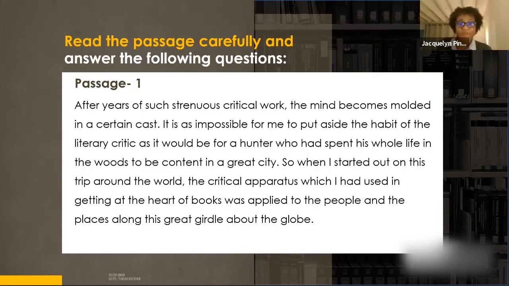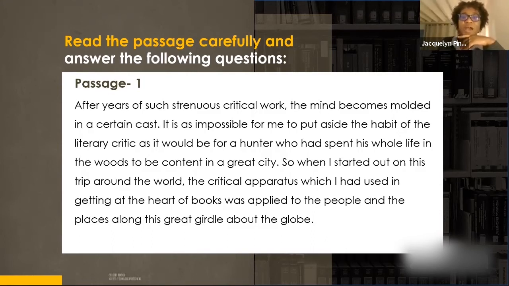After years of such strenuous critical work, the mind becomes molded in a certain cast. Now, this is something totally different. We're done with Frederick Douglass, okay? It is impossible for me to put aside the habit of the literary critic as it would be for a hunter who had spent his whole life in the woods to be content in a great city.